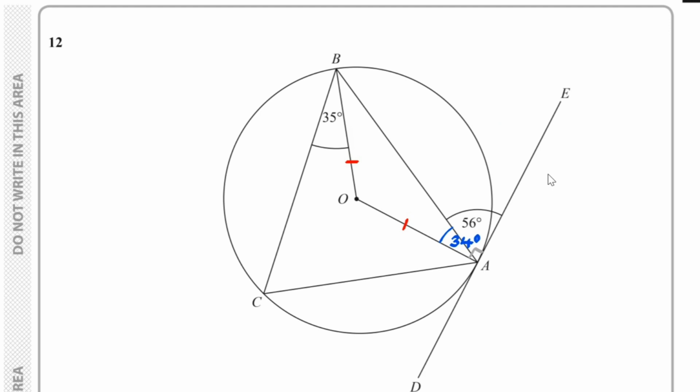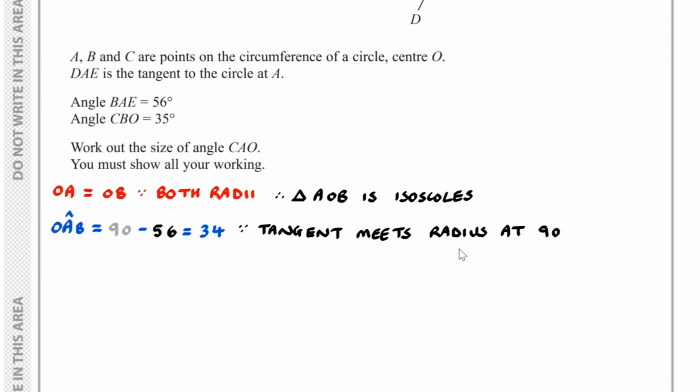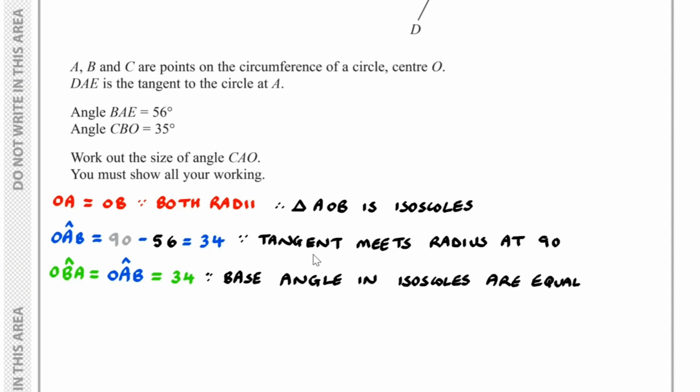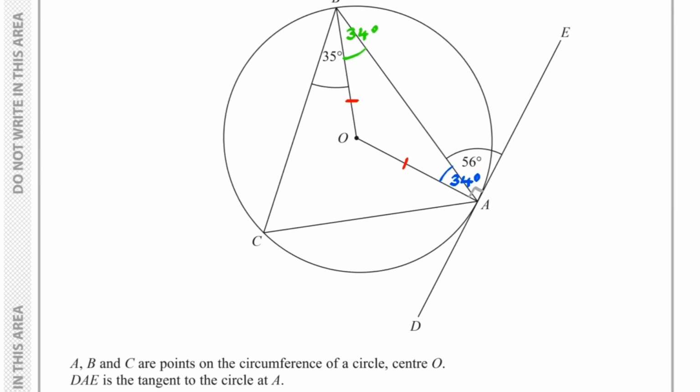And because base angles in an isosceles triangle are equal, this angle here is also 34 degrees. It's the same as this angle here. So OBA is 34 degrees, and that's because base angles in an isosceles triangle are equal. Now we can find out what this angle here is.